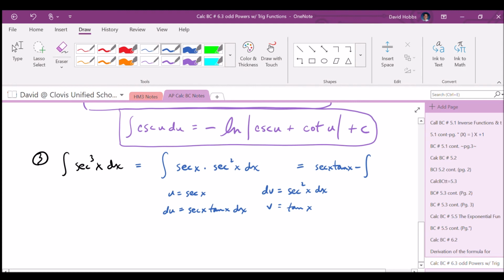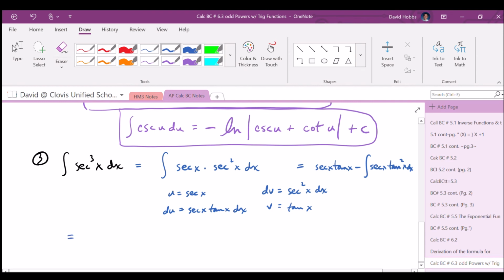So v du, if we multiply those, we get secant x tan squared x dx. Moving along here, I'm kind of running out of space, so I'm going to move it down here.